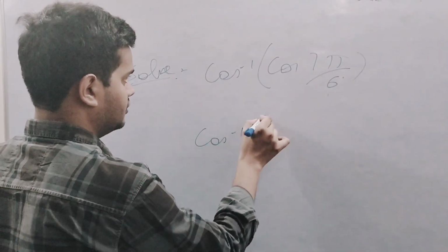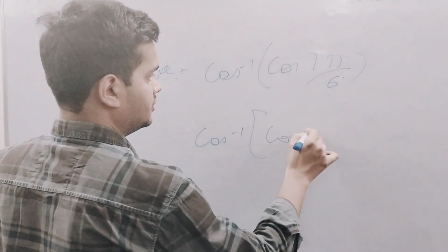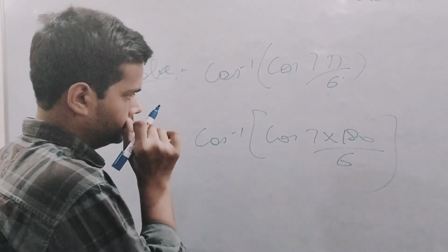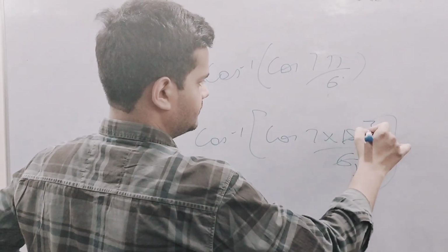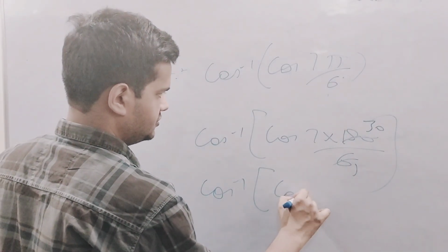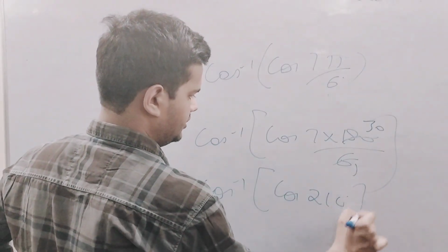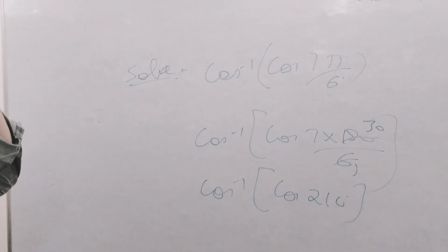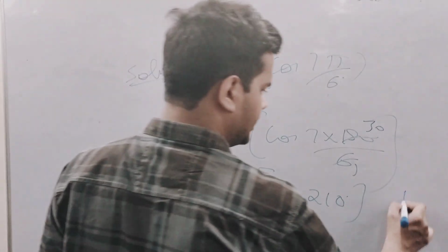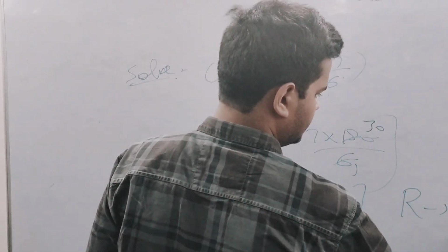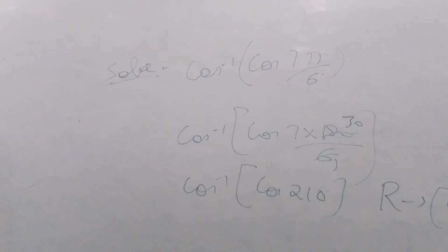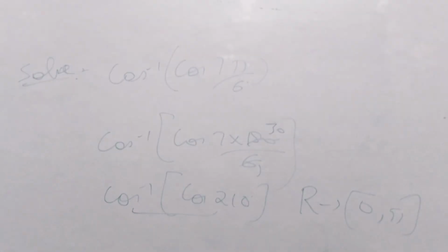This is cos inverse cos 7 into 180 upon 6. That's it. This is 30. So I get cos inverse cos 210 degree. But this is out of the range of cos, as the range of cos is from 0 to pi. So this can't be the principal value.